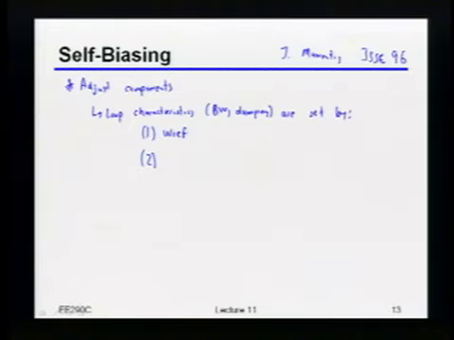In general in CMOS, when you want to do things and make them work well, what do you have to slave them to? How do you make a good voltage divider, for example? Matching.